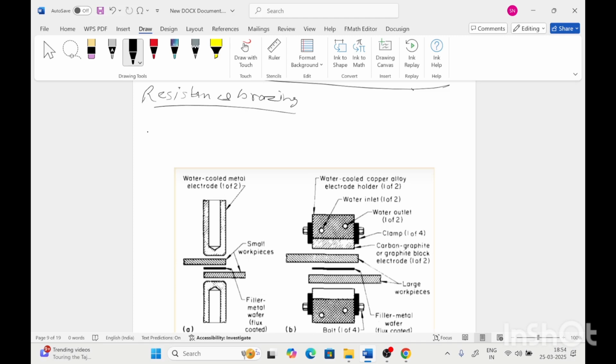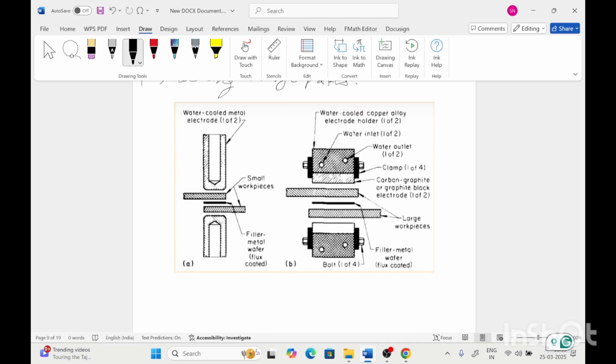The advantage of this resistance brazing is that welding of small flat plates, small flat parts, can be easily done. Next point is the welding of large parts. Means the welding joint area is very large, so this can be applied to thicker materials also.